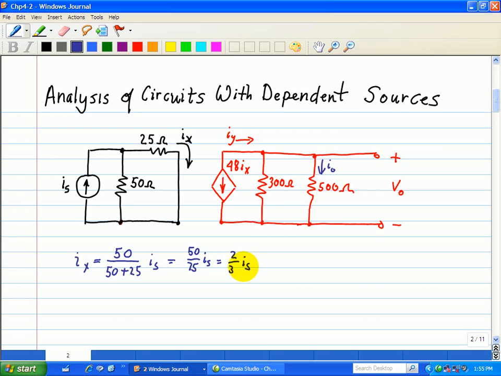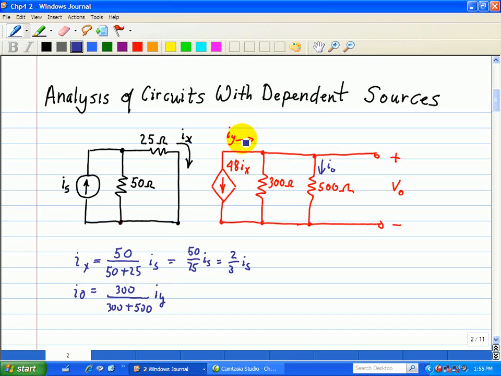We can look at the output current I0, in which we see that Iy is equal to minus 48 Ix, but we'll first express I0 in terms of Iy. So we see that it's the opposite resistor, which is 300 ohms, all over the sum of those two resistors, 300 plus 500, times Iy.